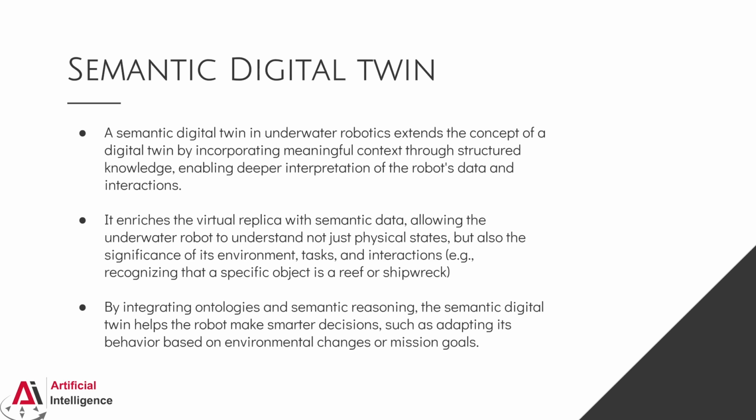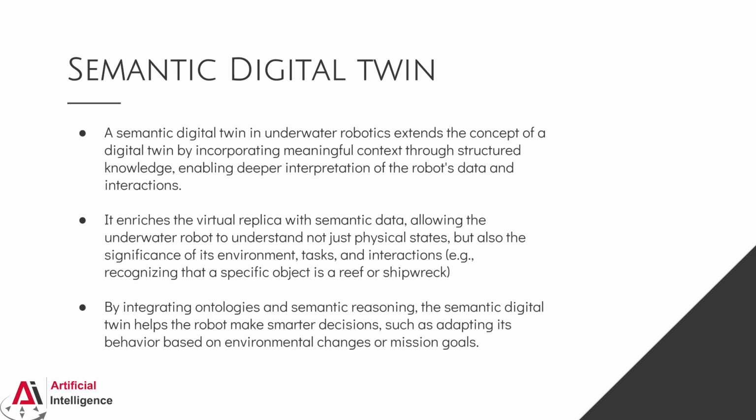Well, it's basically combining all the good and benefits of ontologies and the digital twin and creating a bigger benefit for underwater scenarios. So in this case, the semantic digital twin just extends the concept of digital twin by incorporating the meaningful context through structured knowledge, enabling deeper interpretation of the robot's data and interactions.